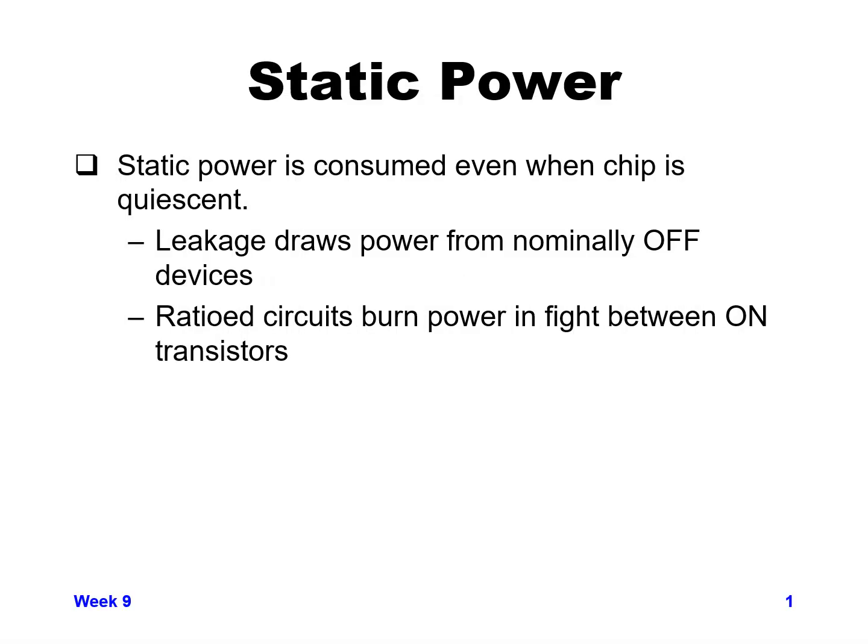Now, in addition to dynamic power, where we're sending clock and data signals that are toggling through logic, and the transition of charging and discharging capacitors is consuming power, we also have static power. Static power is consumed even when the chip is quiescent.